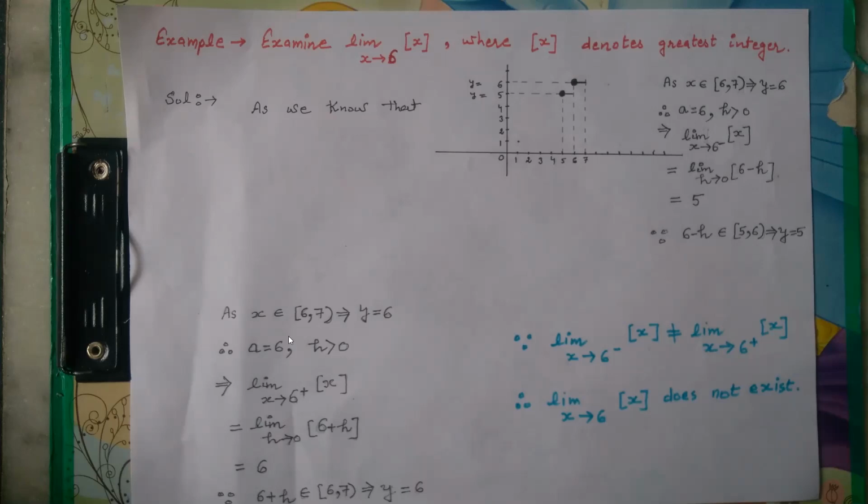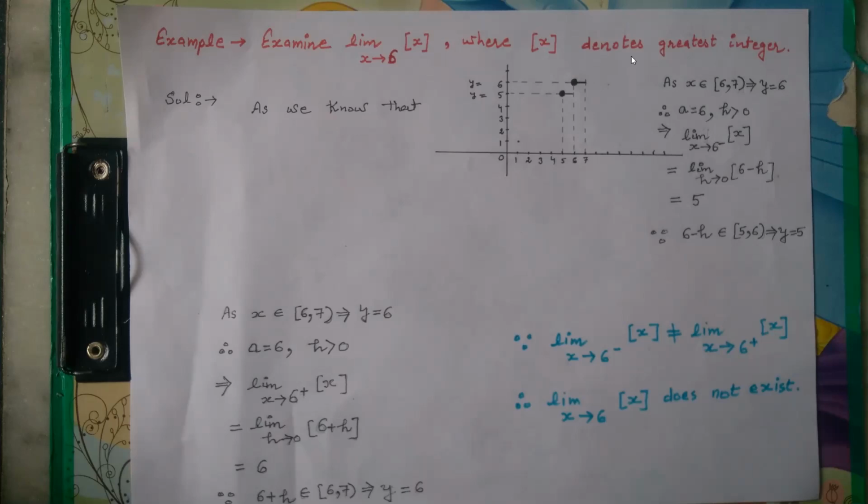But if we take the limit as x approaches 6 from the positive side, that is, if we add any very small quantity to 6, then the number remains in the strip. So the value of y is 6.